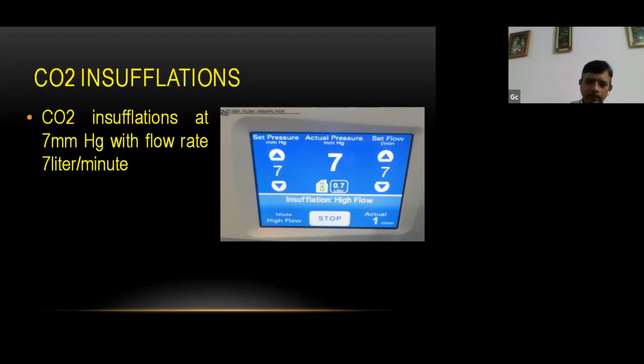If you increase the flow rate for a longer time, loads of gas will be exhausted, and if your insufflator is not a high capacity insufflator, then it stops working. So you have to be careful with the flow rate setting also. Although a higher flow rate is required, the capacity of the insufflator is also important.